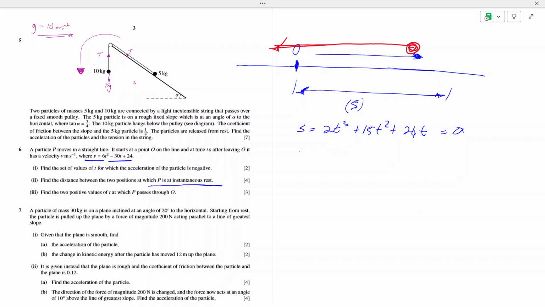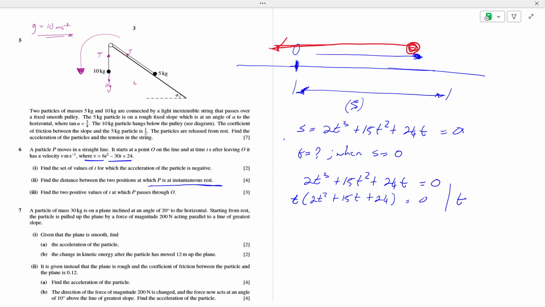So that's what I'm going to do. It is equal to 0. Then I'm going to factor out the t in this case. Since the equation doesn't have a constant term, then I'm going to have 2t squared minus 15t plus 24, right, is equal to 0.